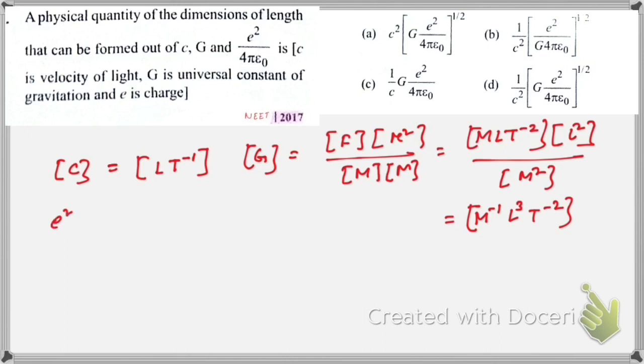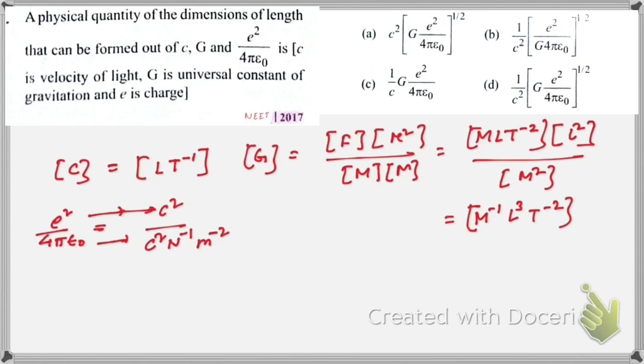Now E square by 4 pi epsilon naught. We know that the dimensional formula can be found out from the SI units. The SI unit of charge is coulomb, so there should be coulomb square for E square, and for 4 pi epsilon naught, its SI unit is C square N to the power minus 1 M to the power minus 2.